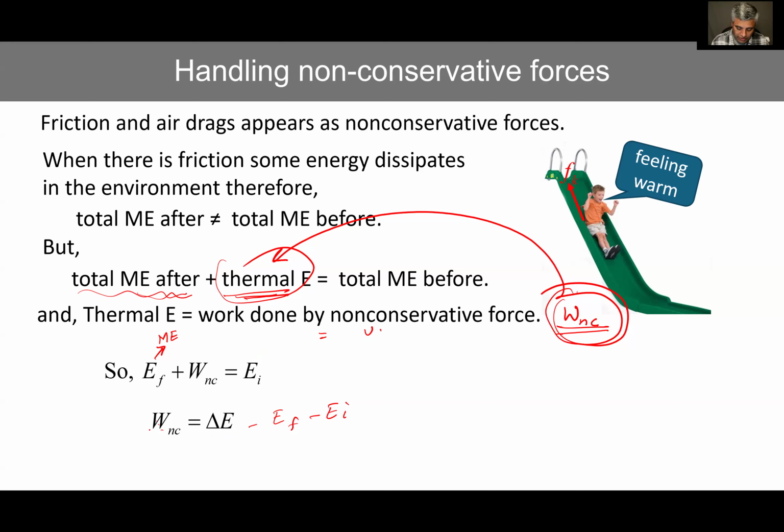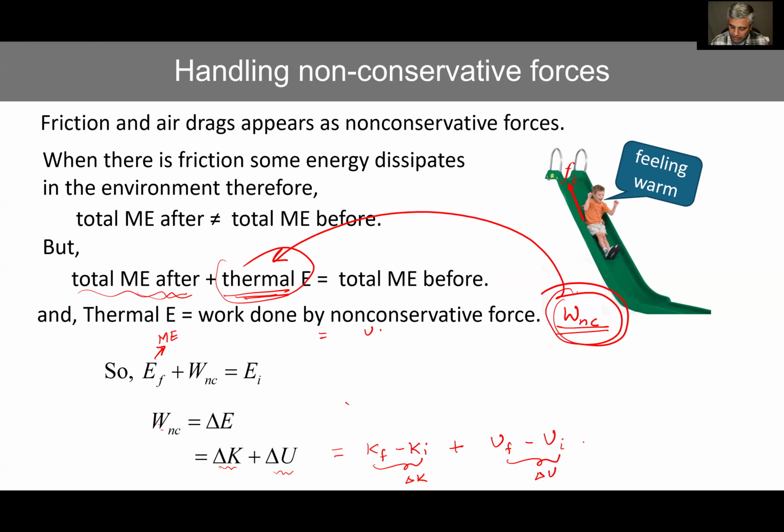So now all we need to do is remember this, or we can write in terms of kinetic and potential energy as we've been doing, but it's going to be change in kinetic energy and change in potential energy. So if I were to write this fully, this is going to be final minus initial, the change in kinetic, plus final potential minus initial potential, the change in potential.